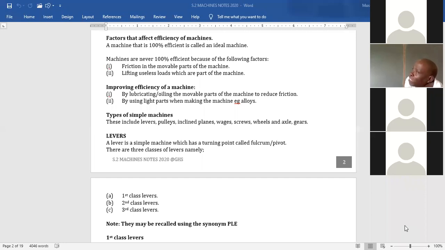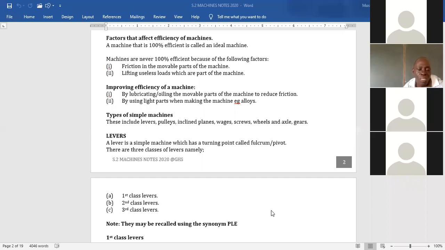But a tractor, for example, if you put in energy and all of it is wasted in driving the tractor instead of digging, you can imagine. Do you get that idea? So efficiency basically means that if you have put in something, you get as much as possible out of your input.